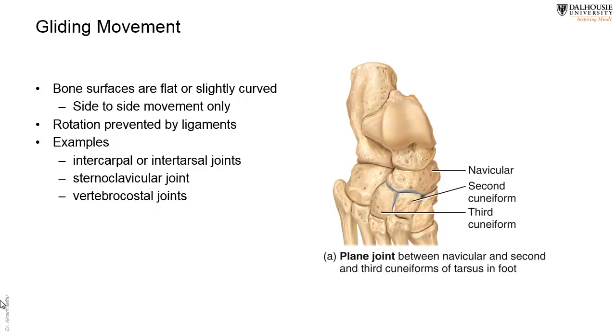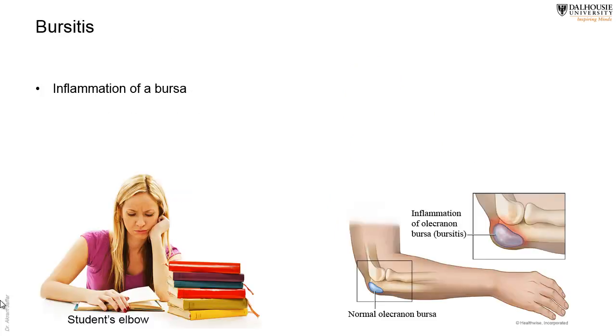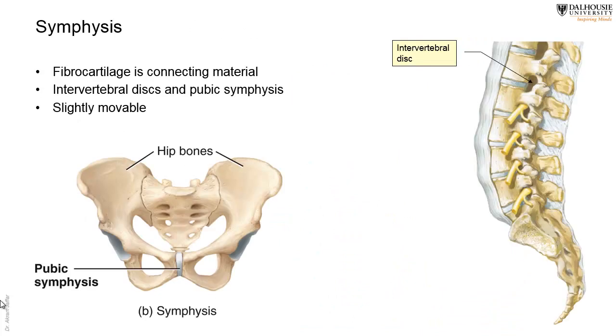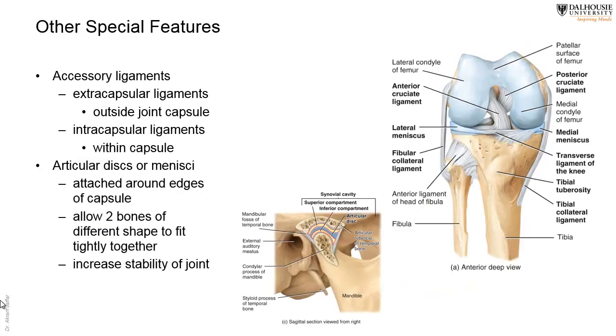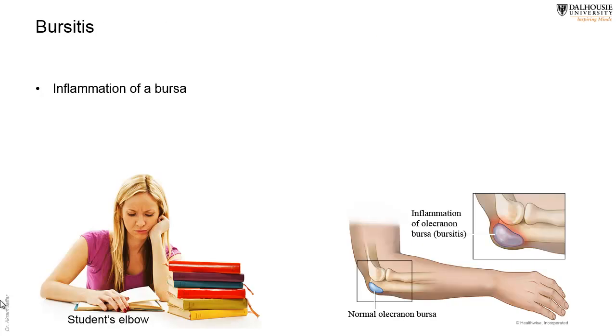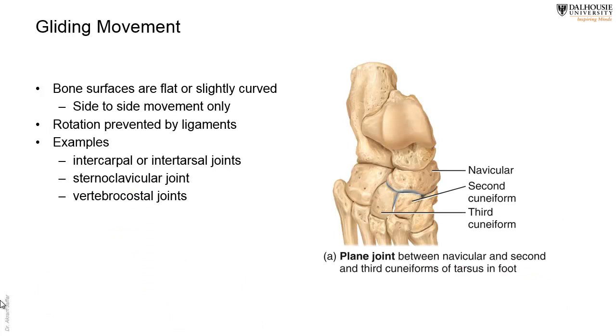Also the vertebrocostal joints: remember the ribs articulate posteriorly, the head of the rib with the vertebra, and the tubercle articulates with the transverse process. These are plane joints. They allow gliding movement to take place.